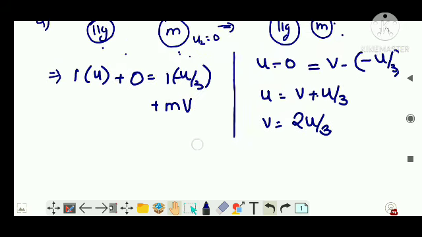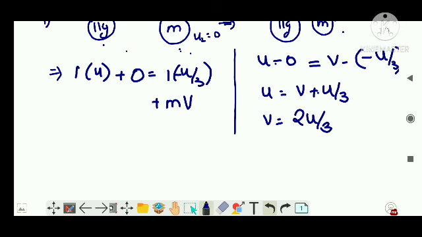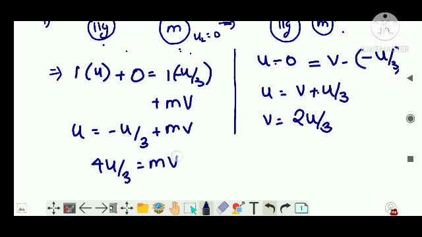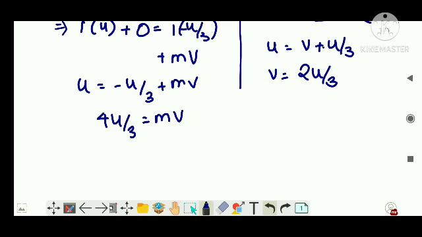In place of v2 I write v, so u is equal to minus u by 3 plus mv, or this u by 3 goes here, that means 4u by 3 is equal to mv. Now we have found the velocity of the second mass as 2u by 3.